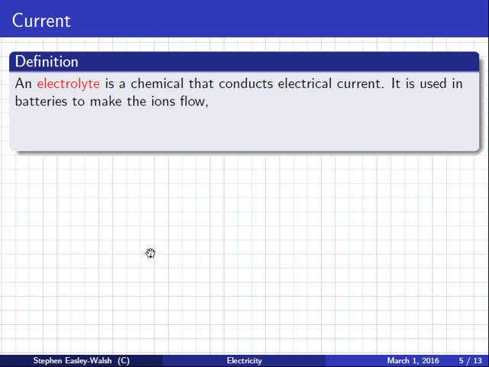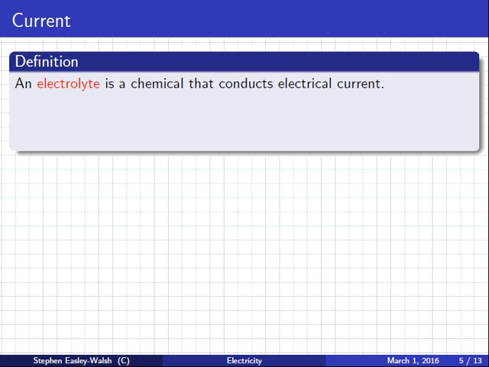Now, this is a little bit different to the metal, because in the metal, it's the electrons that move. But in an electrolyte, it's positive and negative ions that move. You've done ions in chemistry. An ion is just an atom that has an extra electron or is missing an electron.